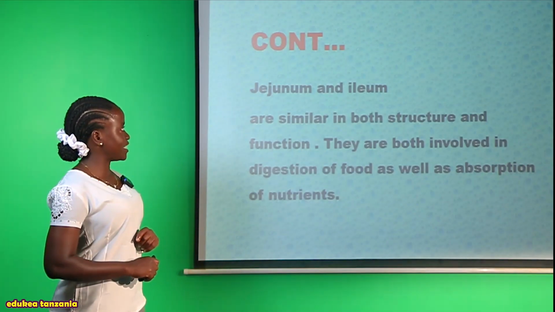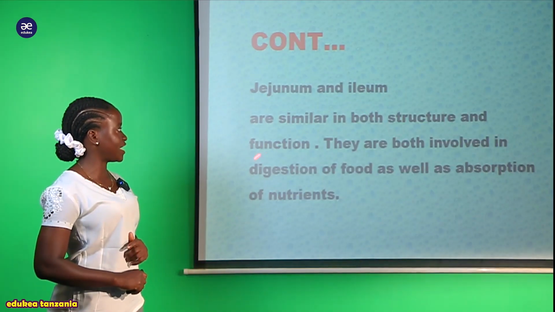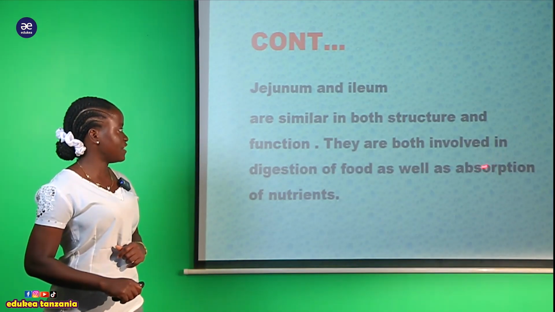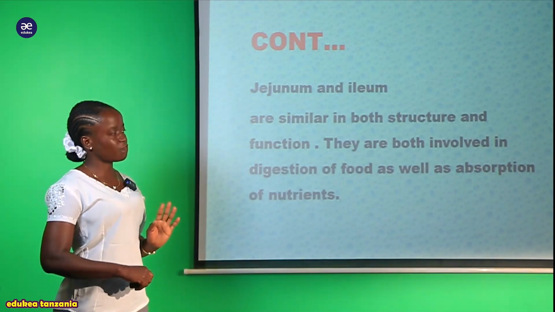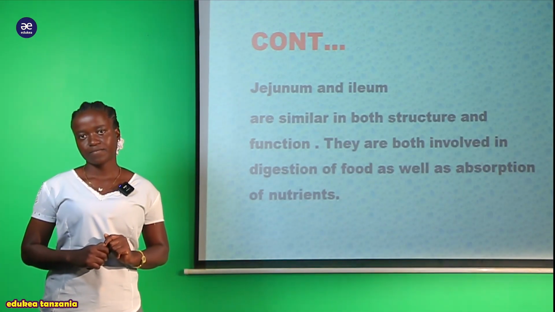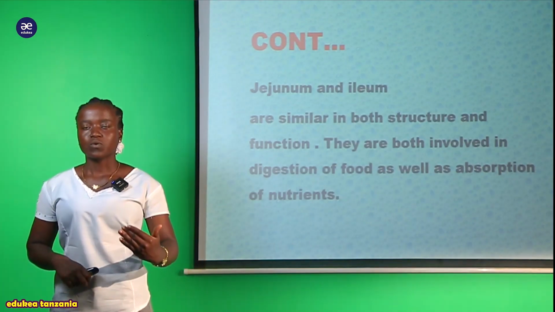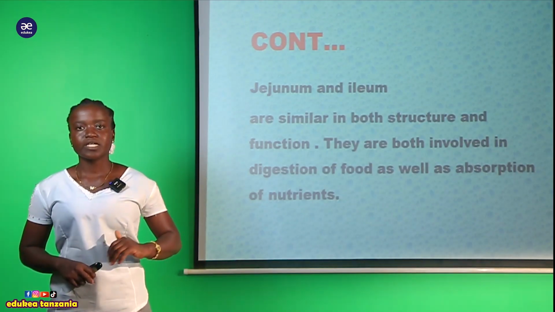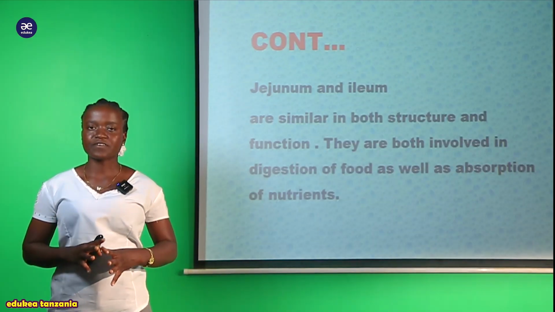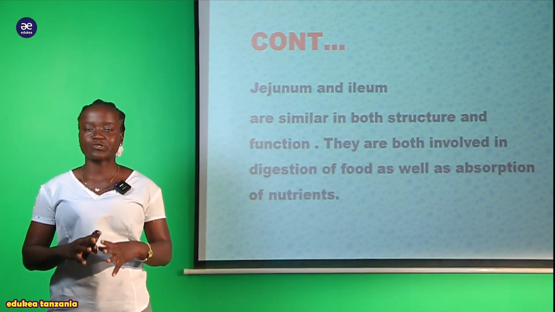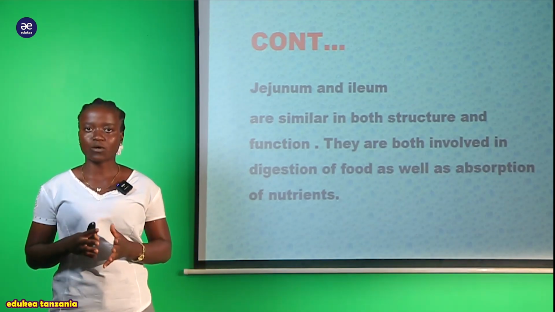So the jejunum and the ileum are similar in both structure and function. They are both involved in digestion of food as well as absorption of nutrients. So hile part ambayo inafuata baada ya jejunum, kuna structure ambayo inaitwa ileum. Hii ileum together with the jejunum zote zinafanya kazi moja, kwa sababu hata ukiangalia their structure inafanana kwa ujumla.